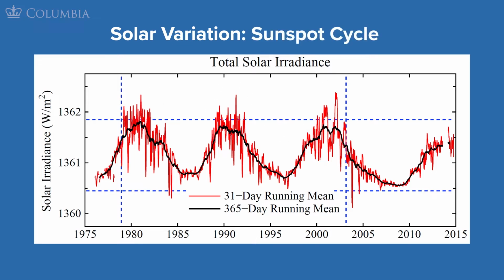That's what's called the sunspot cycle. It's 11 years. Why it's 11 years, we don't have a clue. But every 11 years we reach a peak of solar activity and then a valley a few years later. And the total peak-to-peak amplitude is about 0.1%, 1 part in 1,000. Not very big, but measurable and potentially important.